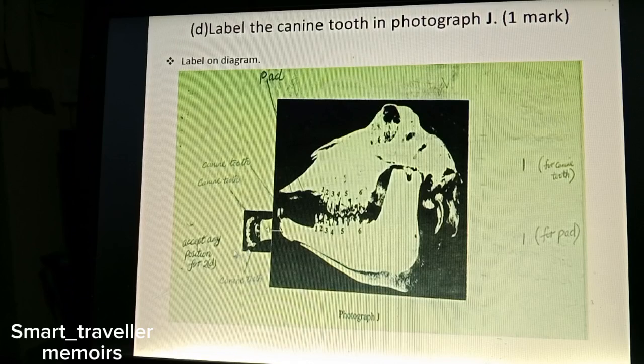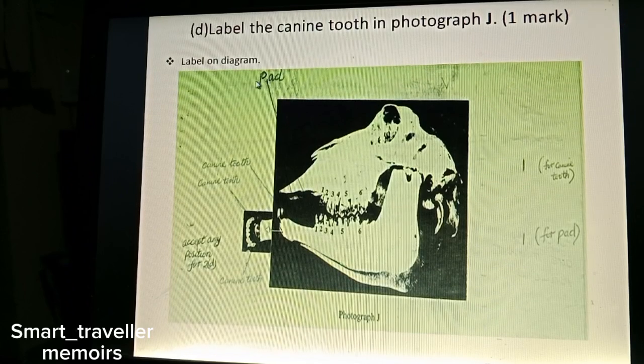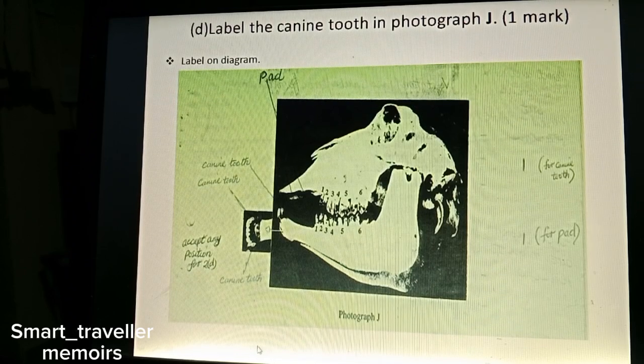Okay, any of those positions, canine here or there, and you get 1 mark for canine tooth, 1 for pad. Pad, here, the label is here. The pad, this one here. You can see my arrow there. All right.